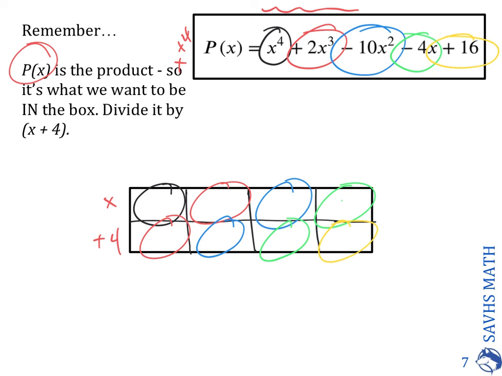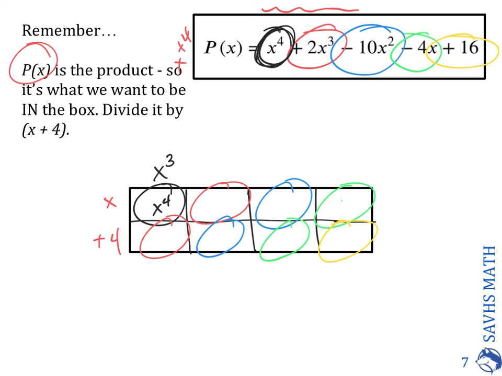So I'm going to start with the x to the 4th. I know that I'm going to have an x to the 4th in that box because it's the only thing that could possibly multiply to x to the 4th, which means that I have to put an x cubed here. This is a little bit like factoring, where you're figuring out what goes on the outside of the box.